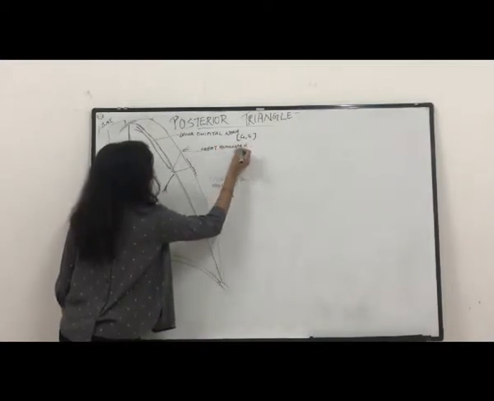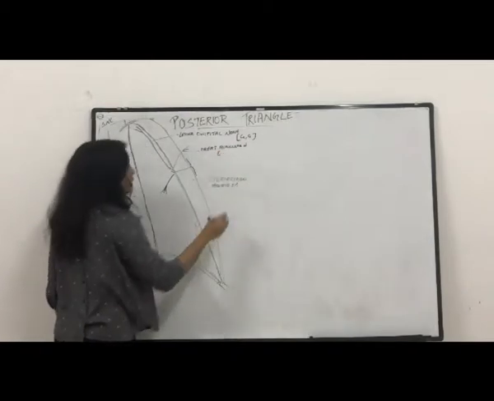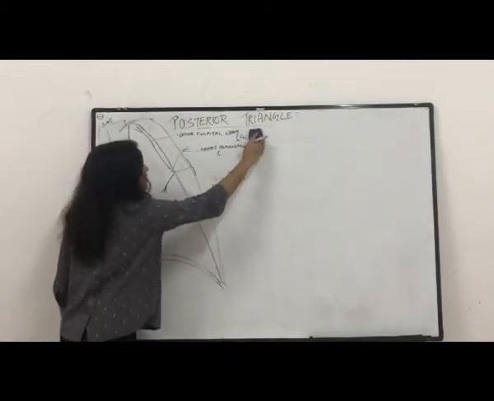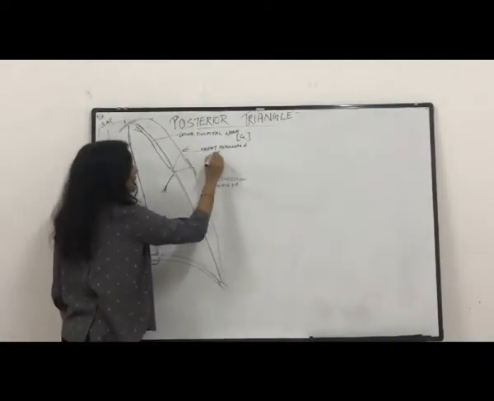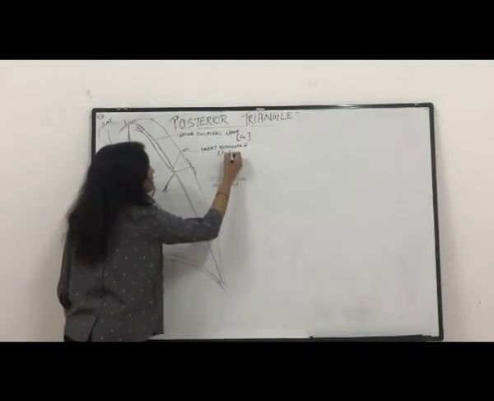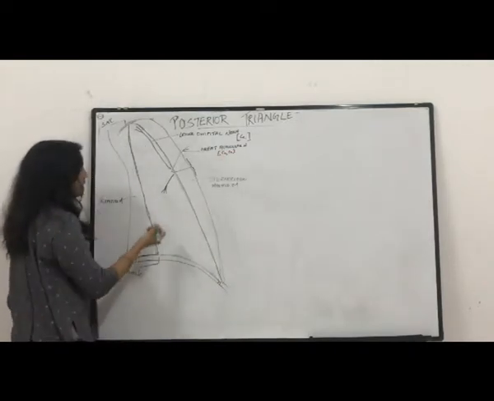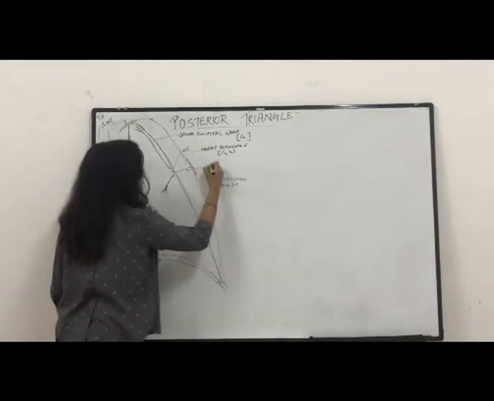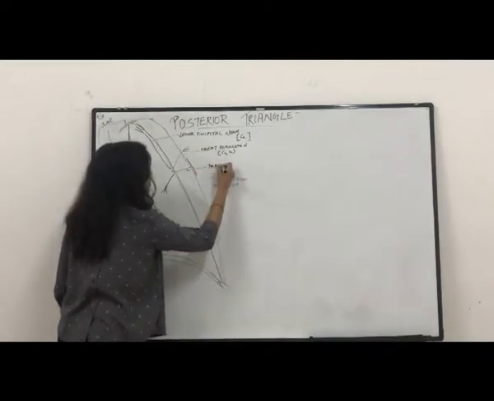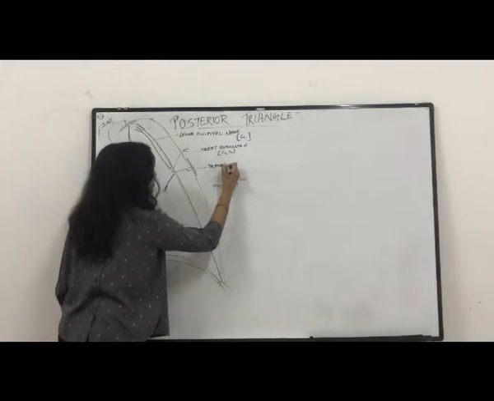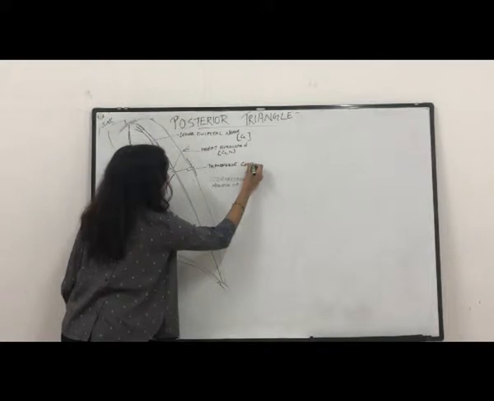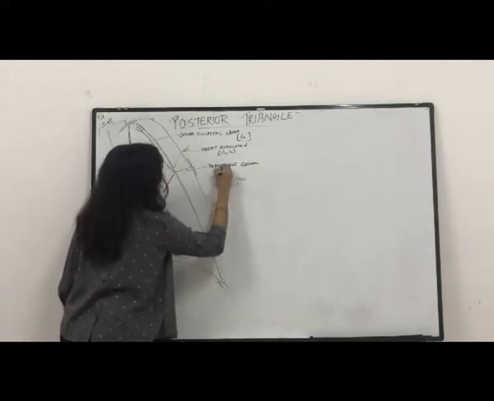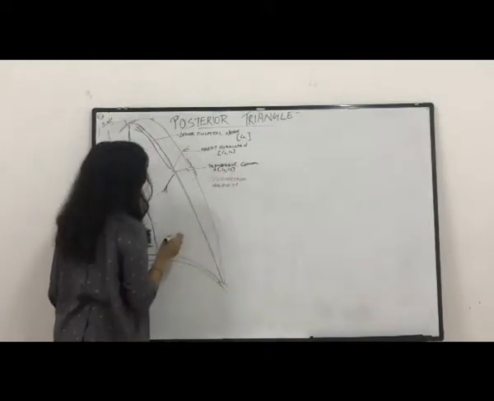The lesser occipital nerve is formed from C2 spinal nerve and great auricular nerve is formed from C2, C3 spinal nerves. This is the transverse cervical nerve, which is formed from same C2, C3 spinal nerves.